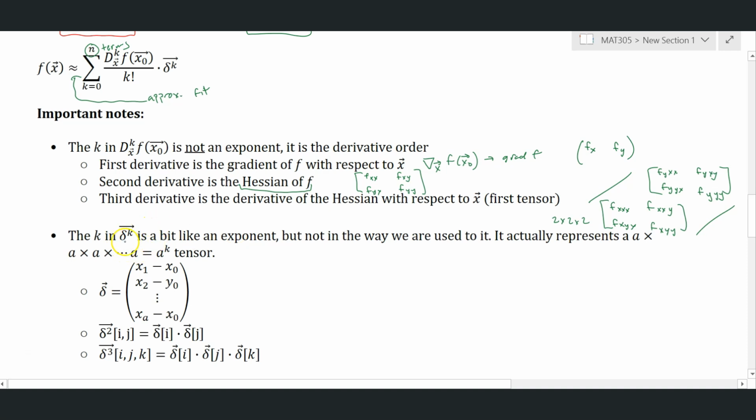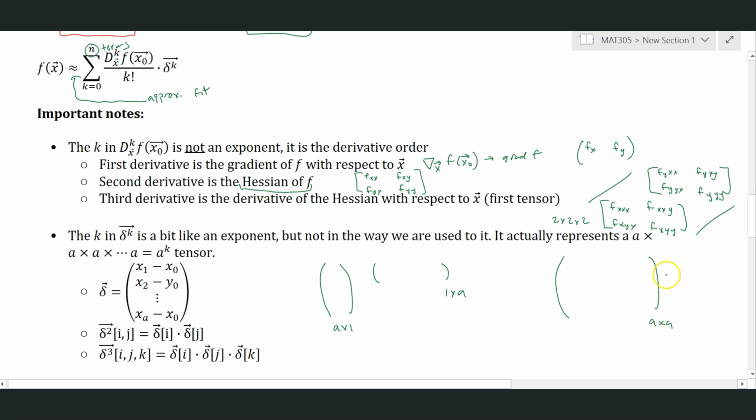Now, the k in the delta to the k is a bit like an exponent, but not in the way we are used to. It actually represents an a by a by a, depending on what value of k this is, you'll have an a to the k tensor. Every time you multiply a vector, this is what we call an outer product. When we take, say, an a by 1 and multiply it by a 1 by a, we're going to get an a by a matrix.